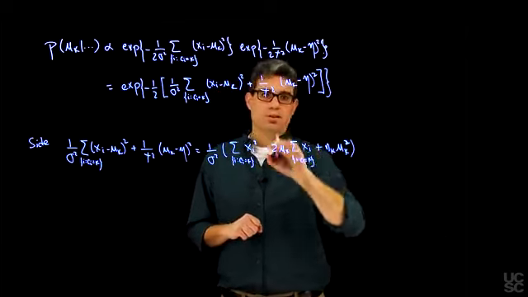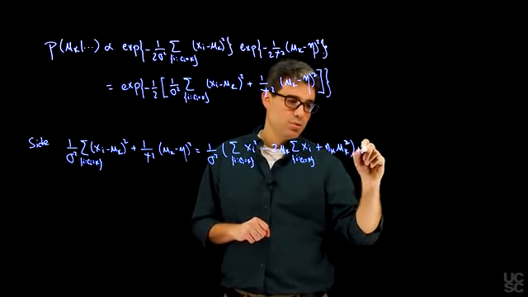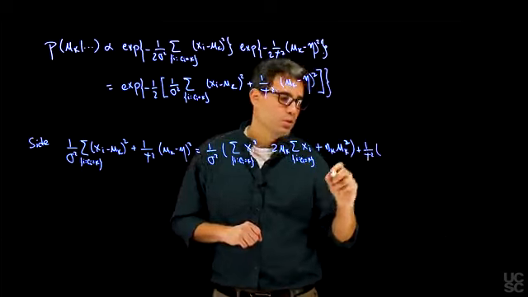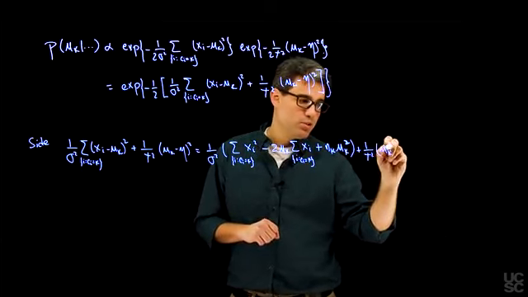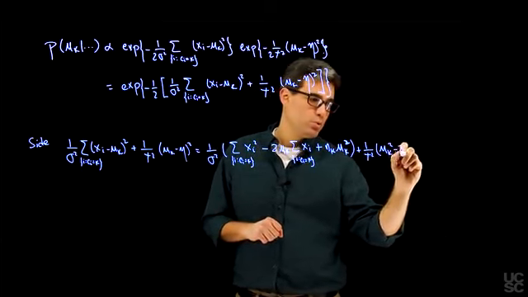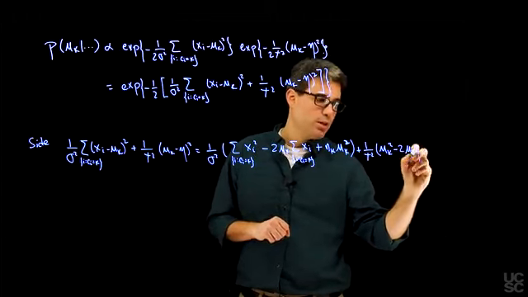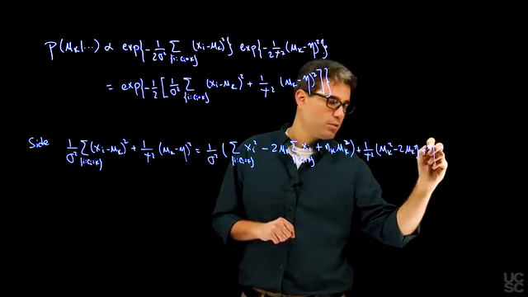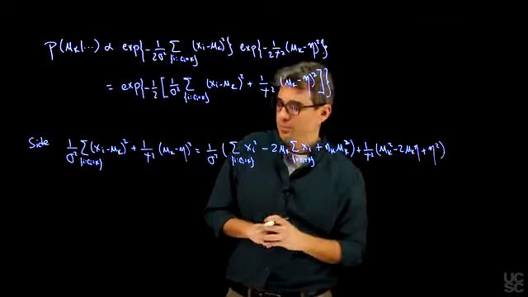And I have the terms that come from this expansion, so I'm going to have a 1 over tau square times mu sub k square minus 2 mu sub k eta plus eta square.